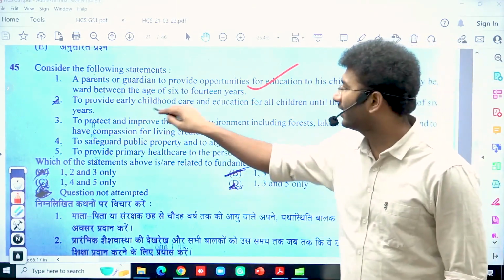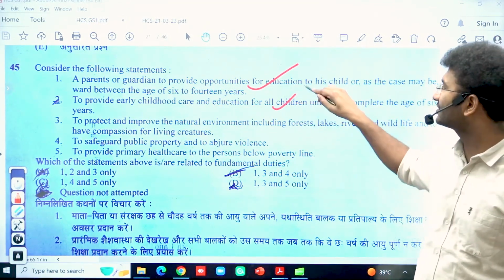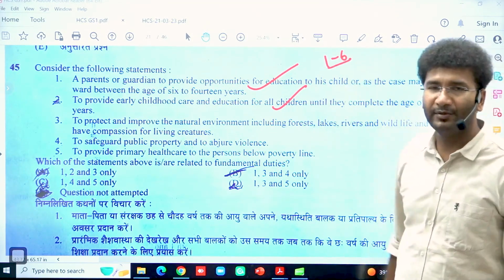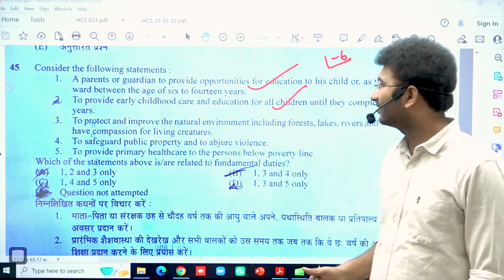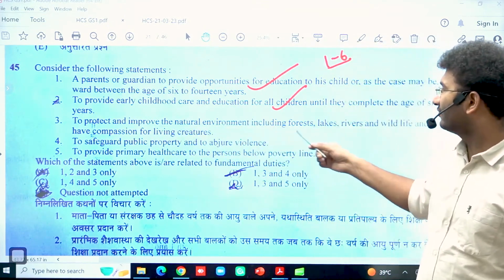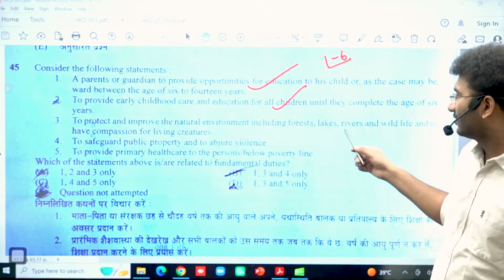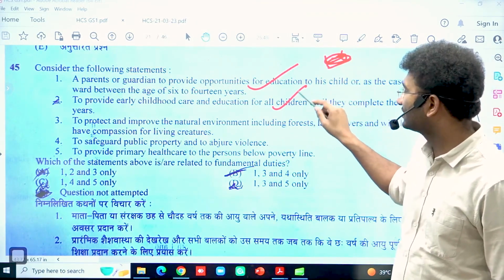Next, to provide early childhood care and education for all children until they complete the age of 6 years. From 1 to 6 years, it is a DPSP, and 6 to 14 years, it is a fundamental right. Just a minute, here it is asking about early child care from 1 to 6.